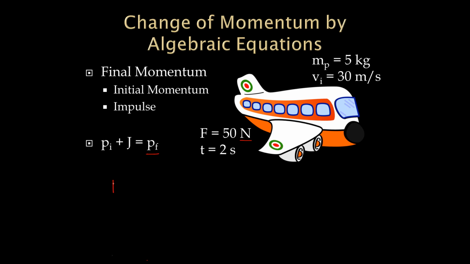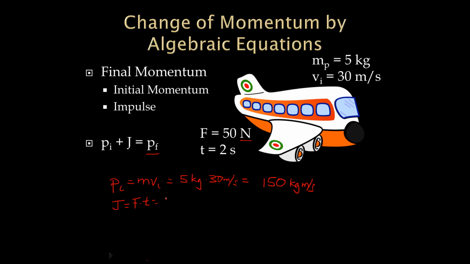Our initial momentum is equal to our mass times our initial velocity. We have 5 kilograms times our initial velocity of 30 meters per second, which is equal to 150 kilogram meters per second. Our impulse, J, is our force times our time.